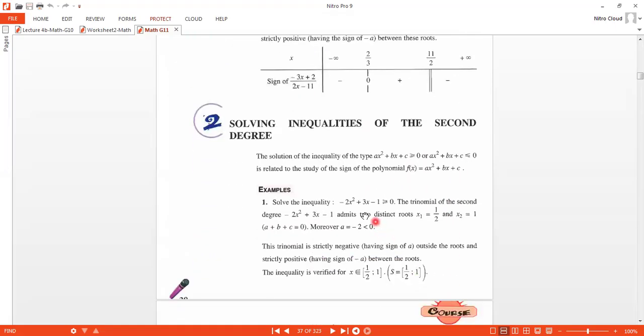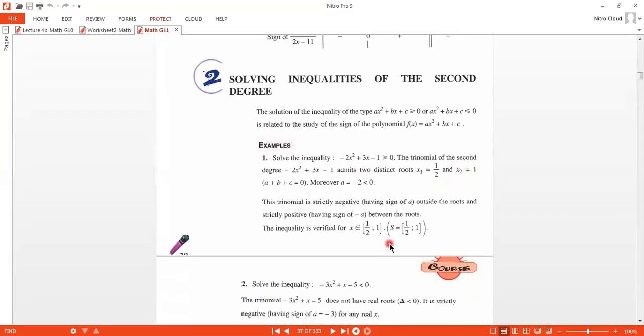Most of the time, you will be given an inequality and asked to solve it. So they are asking us to find the values where minus 2x squared plus 3x minus 1 is greater than 0. According to this equation, we have two roots, 1 over 2 and 1, okay? But a is negative.